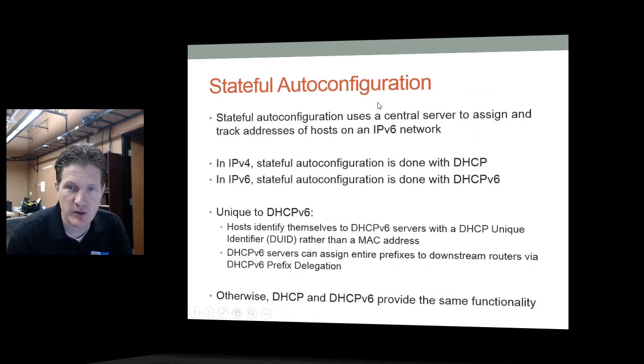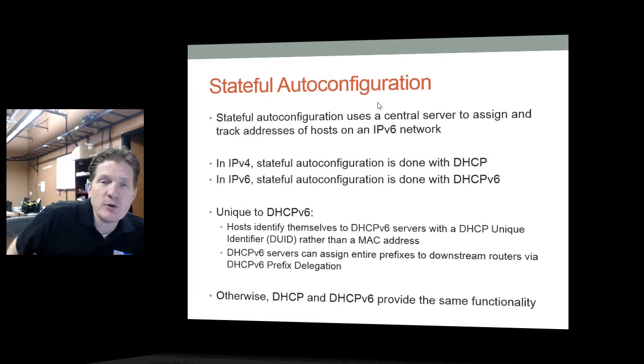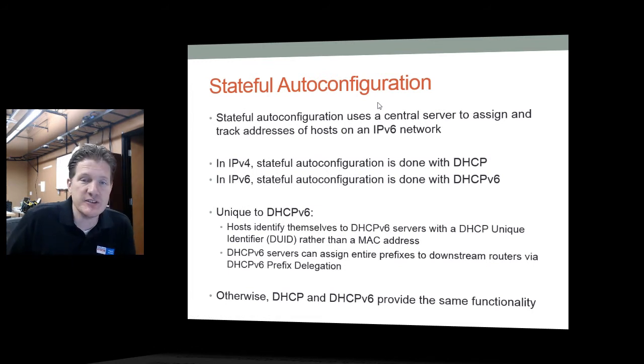So that's autoconfiguration. Let's talk about stateful. Stateful requires a central server. This is known as a DHCP version 6 server. So basically it tracks all of the host addresses given to hosts on an IP version 6 address. These are 2 things unique to DHCP version 6.